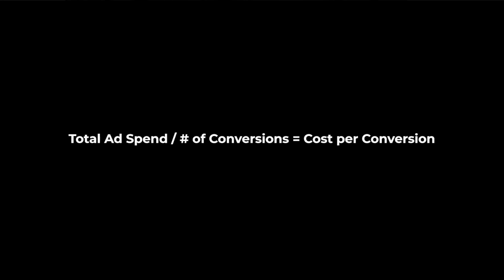Okay? And how many customers, clients, or conversions have you got before? So get the total ad spend and then divide it by the number of conversions, clients, or customers that you've got. Then the quotient, the result of that division, should be the cost to acquire, or the cost per customer or client, whatever that is.